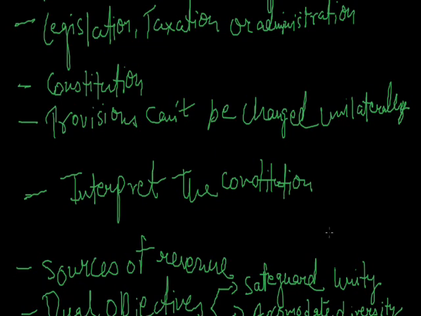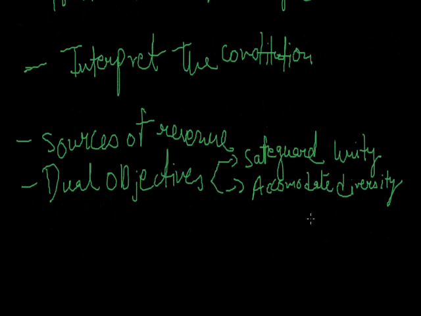Each level of government is independent, means the sources of revenue are separate, so that the state governments don't need to depend entirely on the central government for running their administration. Finally, federalism serves two purposes: to safeguard the unity of the country while accommodating diversity.